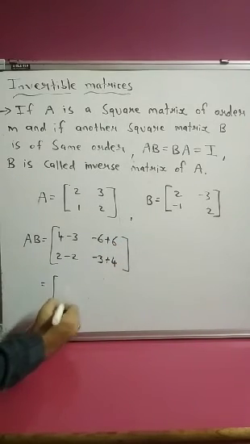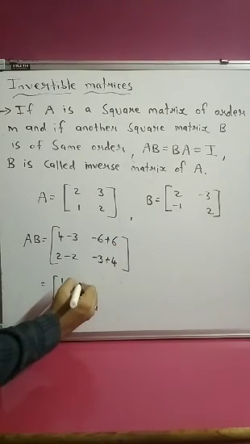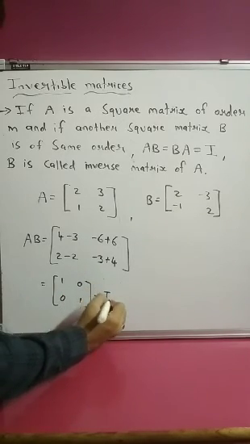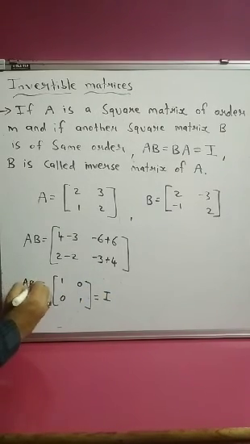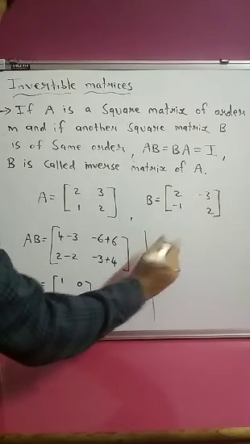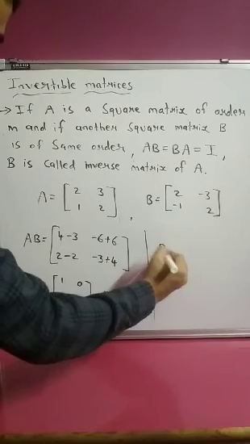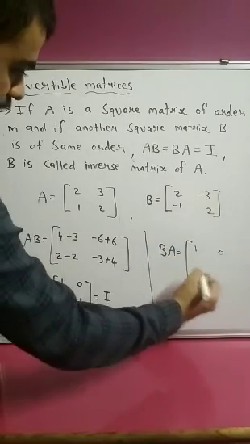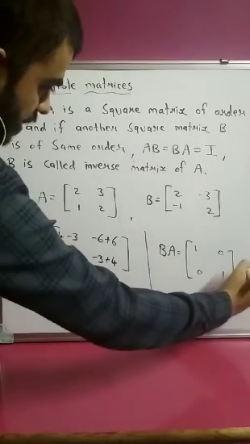So now we are getting 1 0 0 1. It is nothing but the identity matrix. So AB we have got. Now let us find BA. If you calculate BA, you are going to get the same answer, that is the identity matrix I.